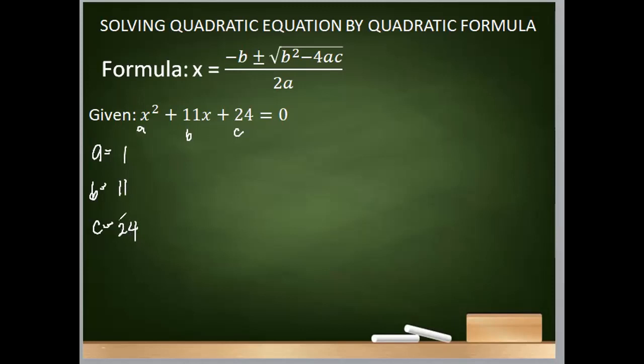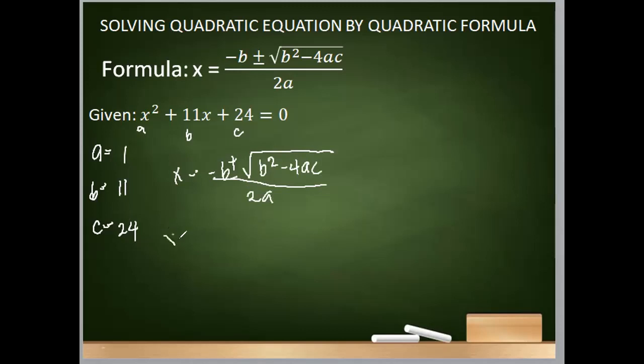Okay, so we need to plug in all these values to the given formula. So let's write the formula: x is equal to negative b positive and negative square root of b squared minus 4ac all over 2a. Okay, so let's plug in all the values of a, b, and c.